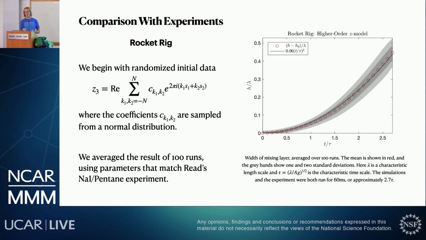Each simulation just takes a few seconds, so you can do 100 simulations and average over. And you can see the comparison is really quite good. The dark gray is a very small standard deviation. The light gray is a slightly larger standard deviation, but the results compare really well with both their theoretical and experimental results.